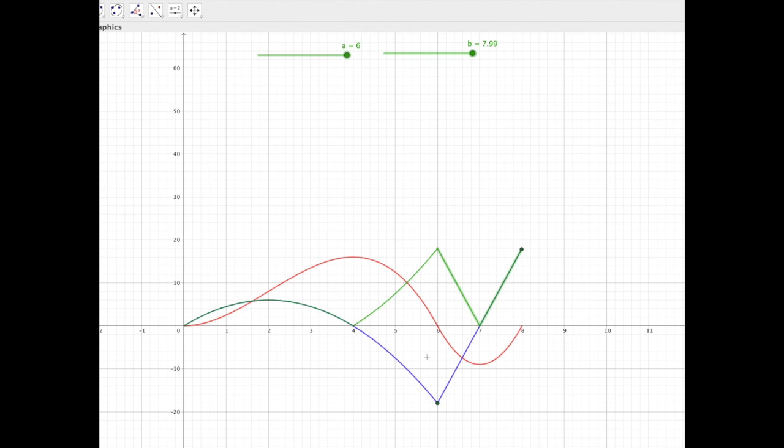So where is the velocity of the athlete negative? Well, that's this blue portion here, so that's between 4 and 7.